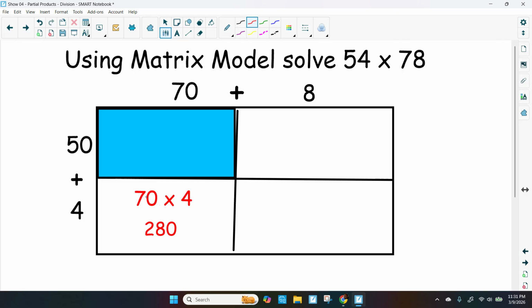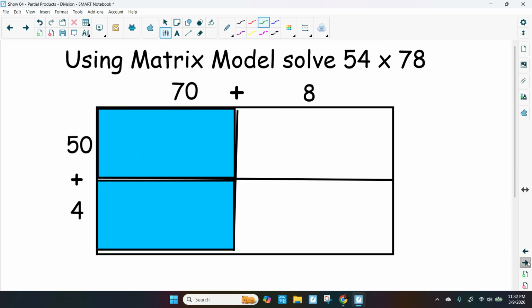So we're going to take the 4 and multiply it by the 70. So the 4, and let me change color, by the 70. And that is equal to 280. So we are halfway done with our model.